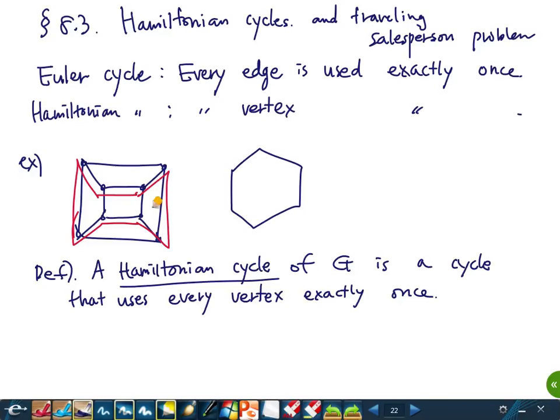There is no simple algorithm to find a Hamiltonian cycle, unlike Euler cycles. So determining whether a given graph has a Hamiltonian cycle or not can be a difficult problem.